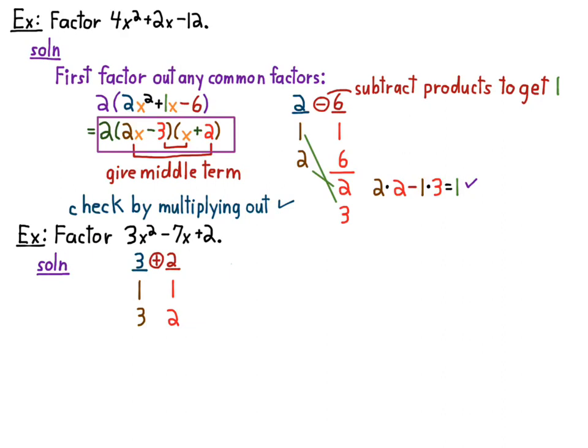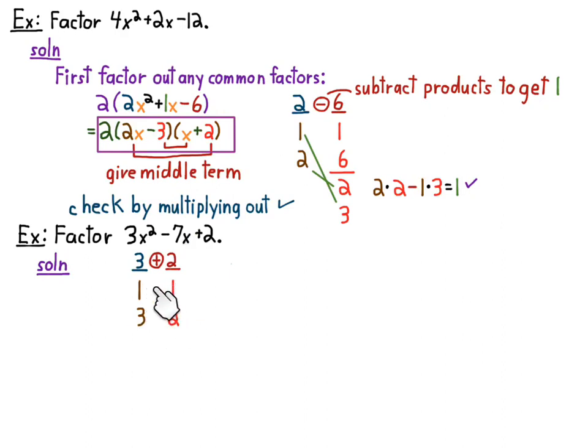So there's only two things to check, which is going straight across or going crosswise. And you're adding. Why are you adding the products? Because this is plus, and you always put that plus there. And so you add. So I can see I get 6 plus 1 is 7.